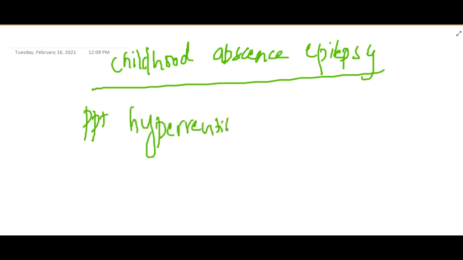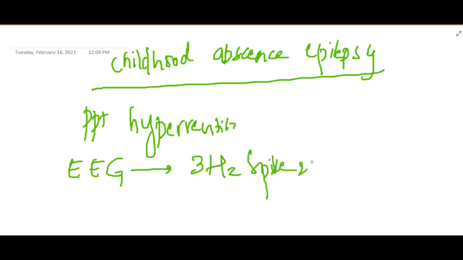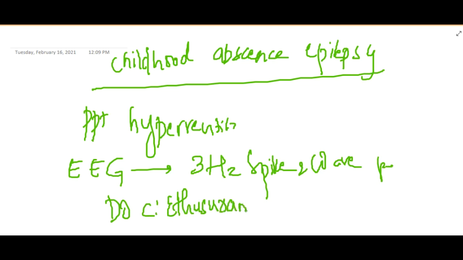The EEG shows a 3 Hertz spike wave pattern. The drug of choice for childhood absence epilepsy is ethosuximide or valproate.